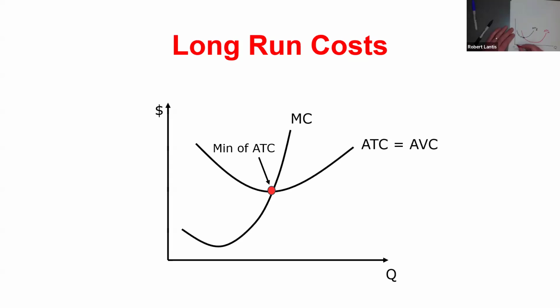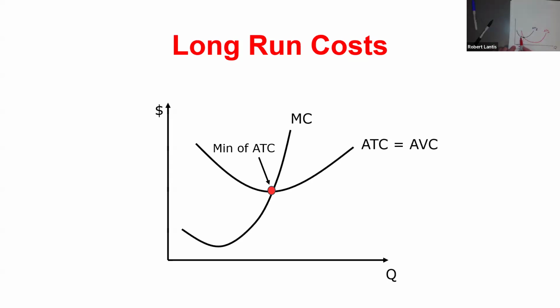Well, now notice, if my production levels are low, right? What's true about every quantity here? The average total cost in the small plant is below the average total cost in the medium plant. So which plant would I want to be in? My per unit costs at every quantity here, my average total cost, is lower in this small plant.